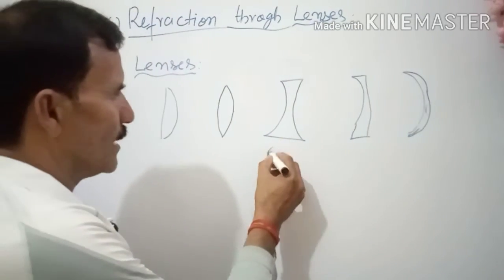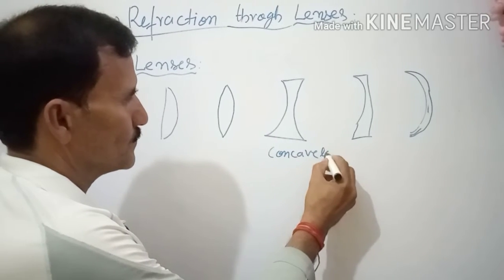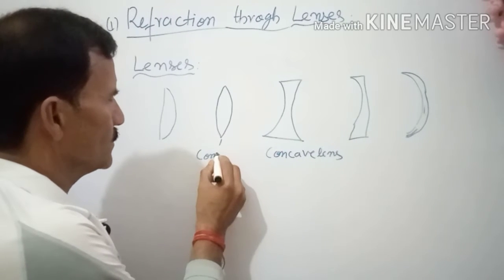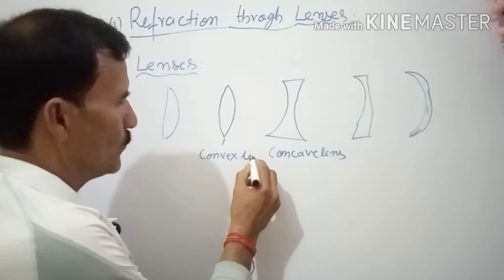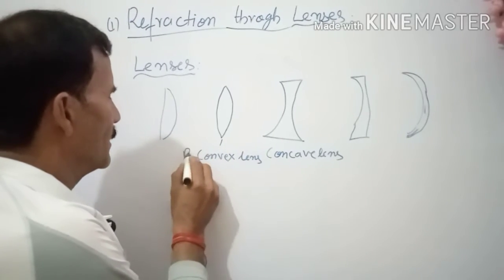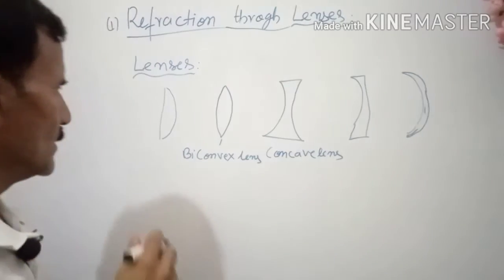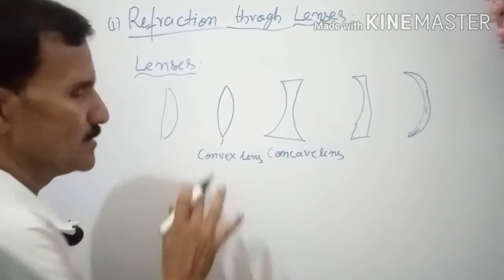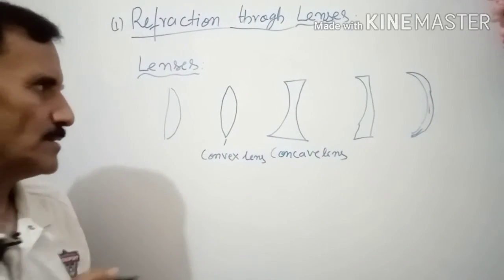This lens is called a concave lens. And this is called a convex lens or biconvex lens. Why biconvex? Because both the surfaces are convex. It can also be biconcave. You can put bi, but in general we say concave and convex lens.